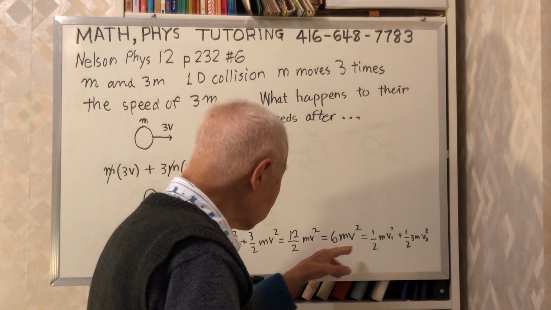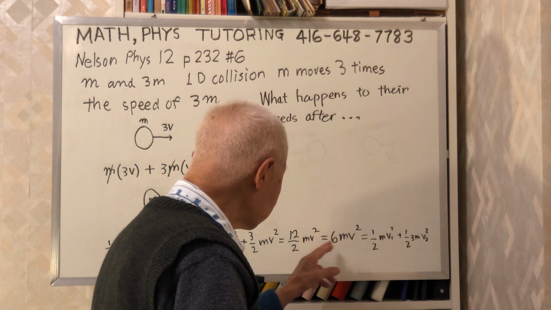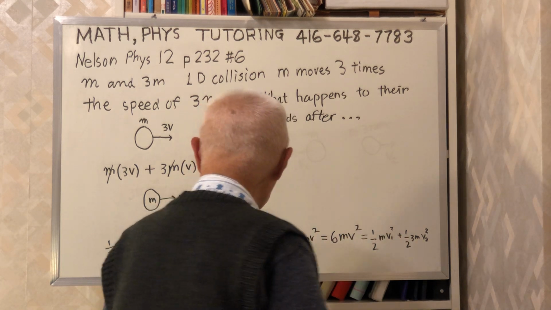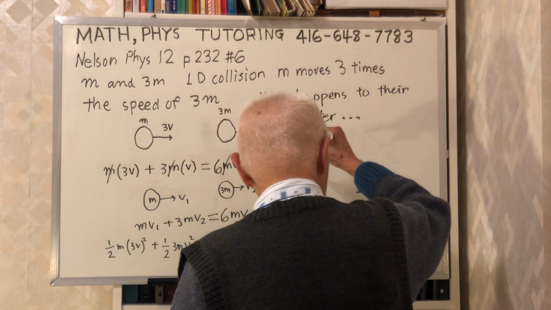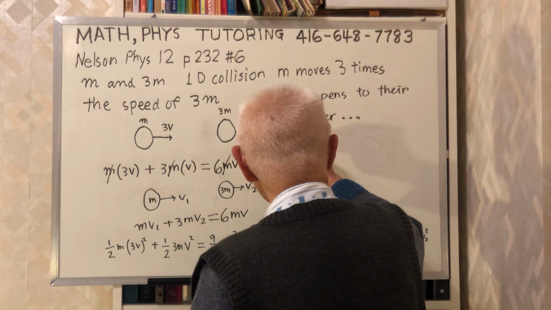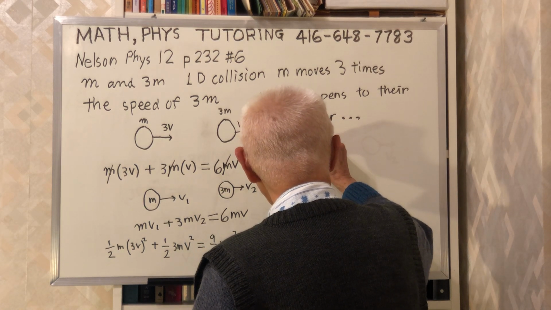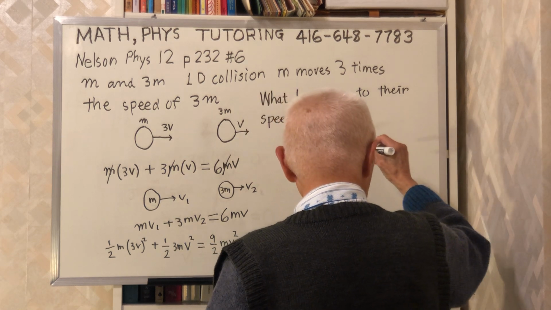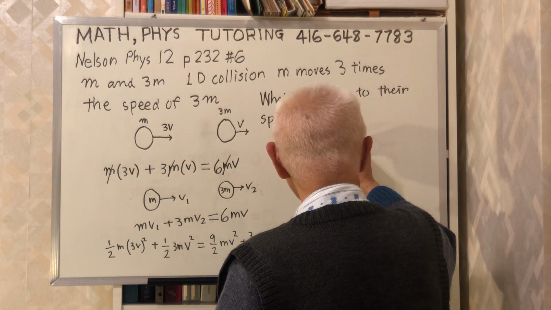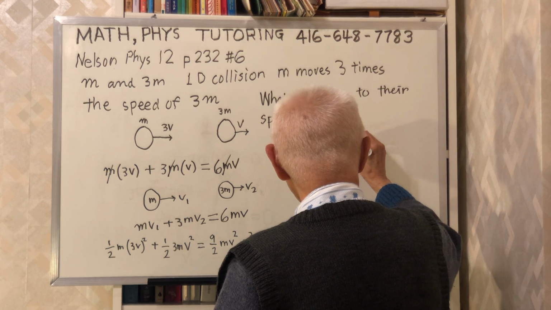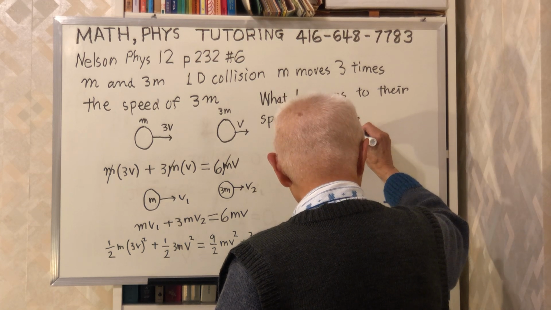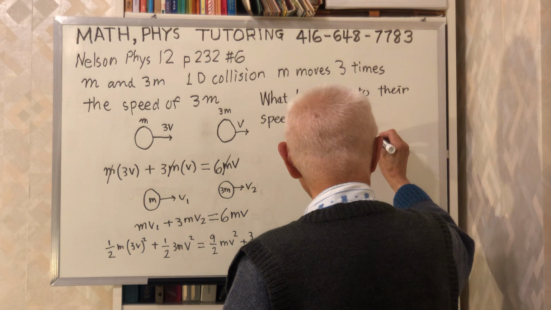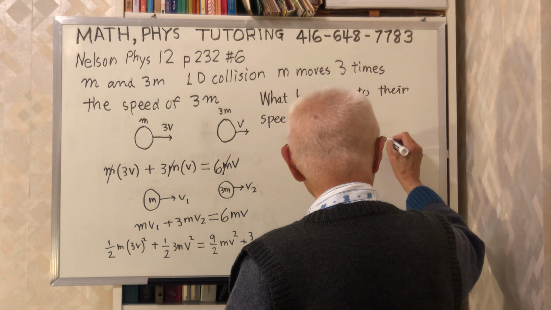Let's multiply 2 to this relation. So I have after collision m v1 square plus 3m v2 square is equal to 6m v square.